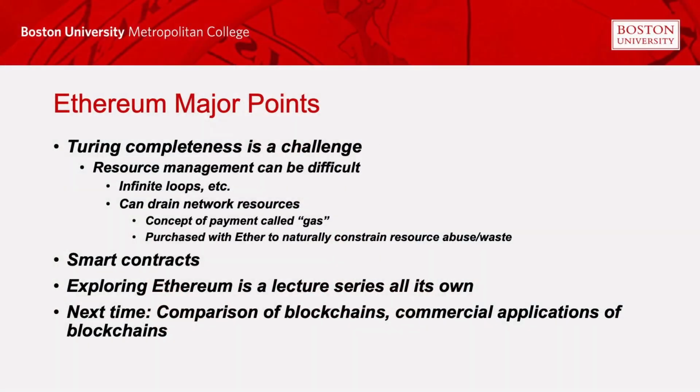With Ethereum, you could write any kind of program you want. You can jump and loop and use memory to your heart's content. So you could introduce an infinite loop and deny service to everyone on the blockchain. This Turing completeness is a challenge to protect against that.